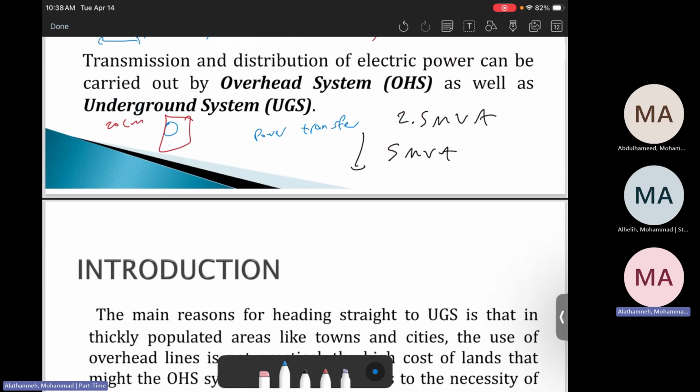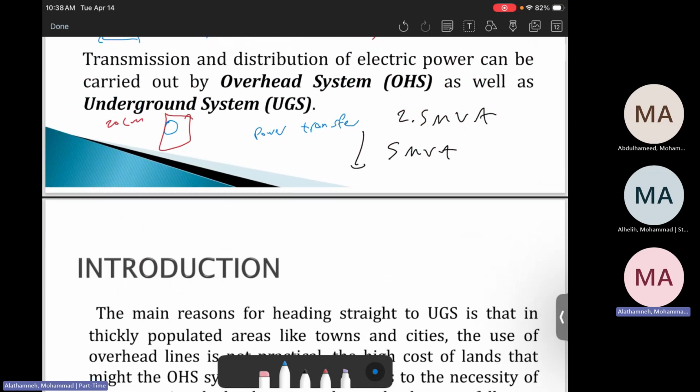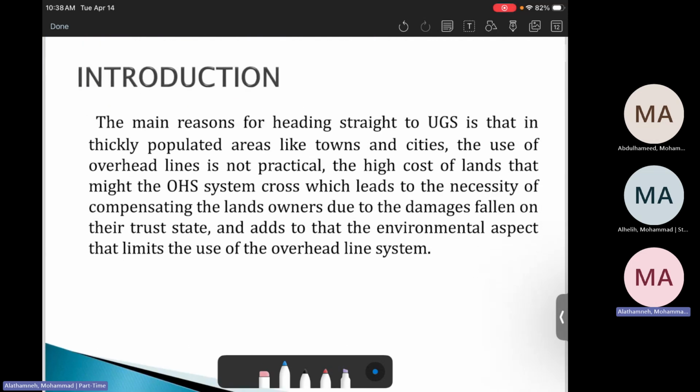There is the overhead transmission line, and there are underground systems. The main reason for using underground systems is that they will most likely be used in populated areas, like towns and cities, where using overhead transmission lines is not practical because of the high cost of land.